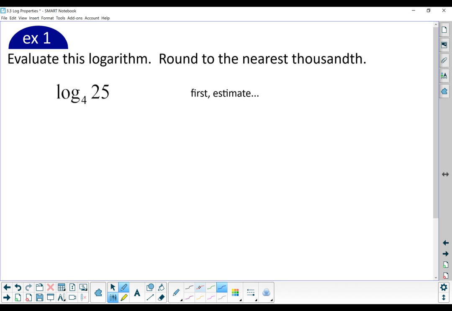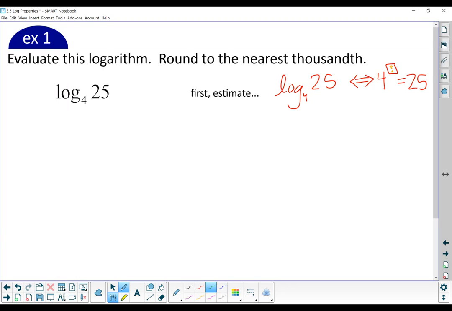But before we do that, let's estimate it. Remember that logs are powers. So when we are trying to calculate log base 4 of 25, we're trying to think about what power of 4 is going to give us 25. That's what we're looking for, this power.